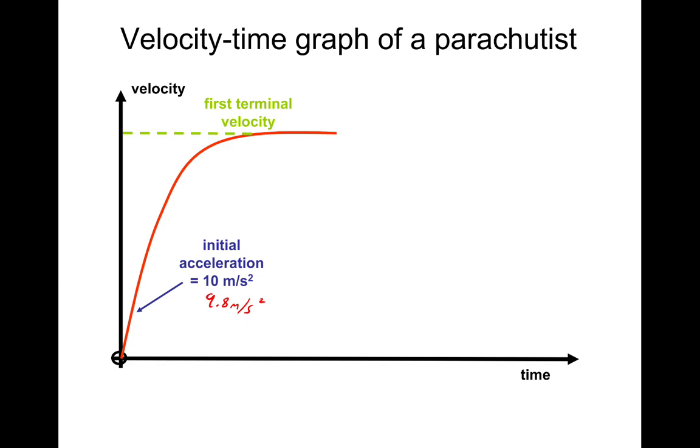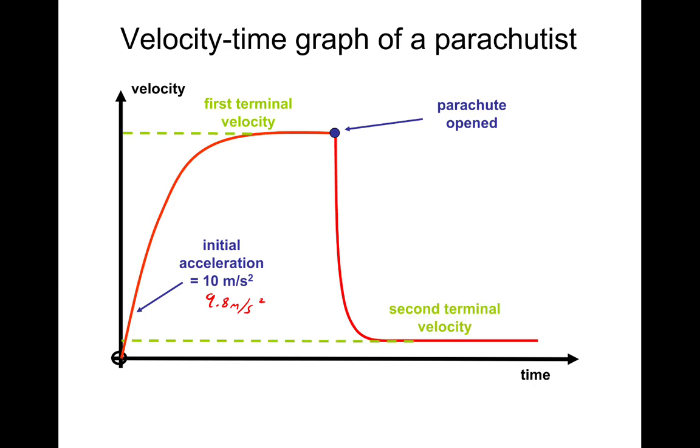You reach a first terminal velocity, around 60 meters per second or 140 miles per hour. Open the parachute, decelerate quite rapidly down to a second terminal velocity, and then reach the ground. If you ever see a graph like this, it is a parachutist, because there's a second terminal velocity.